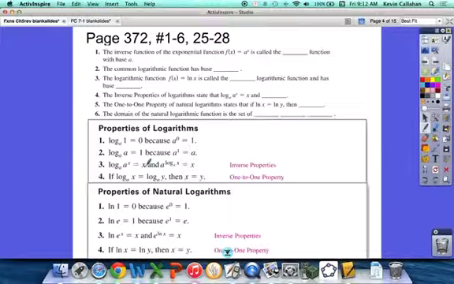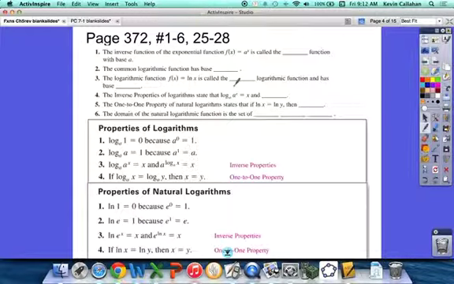Okay, so let's see if we can just answer these. The inverse of the function f of x equals a to the x is called the logarithmic function of base a. Inverse of exponentials, logarithms. The common logarithmic function has a base of 10.